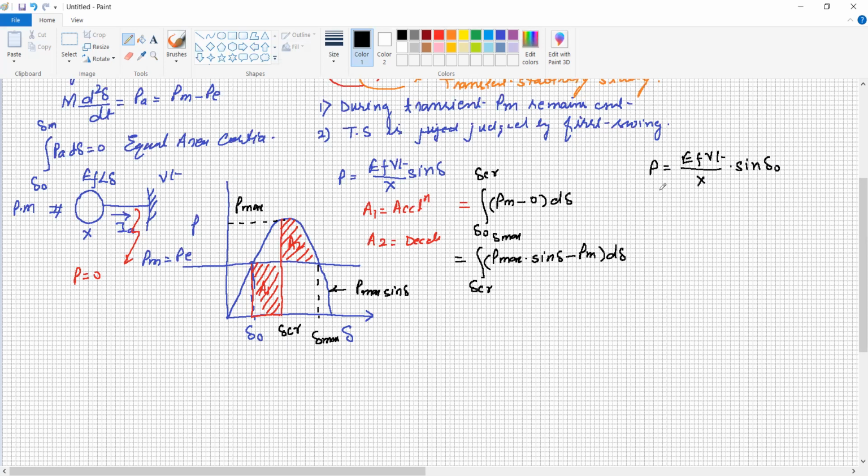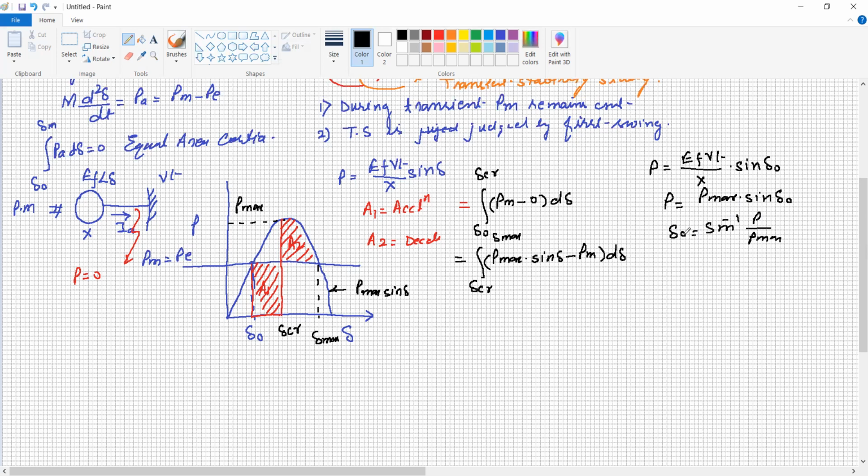So from P is equal to P maximum into sine delta 0, we can calculate the angle delta 0. Once we know the value of delta 0, which is equal to sine inverse of P upon P maximum. Okay.